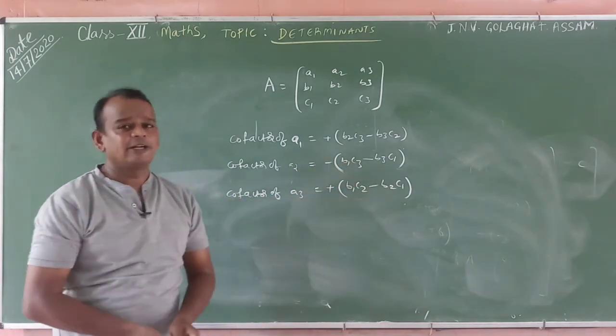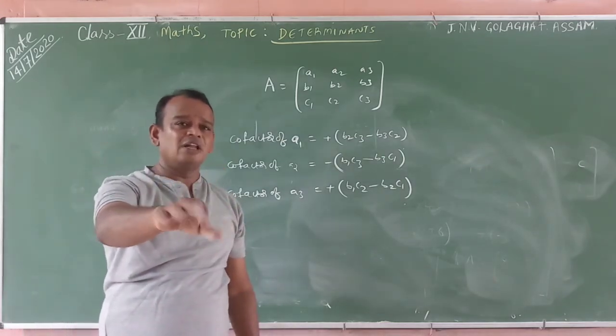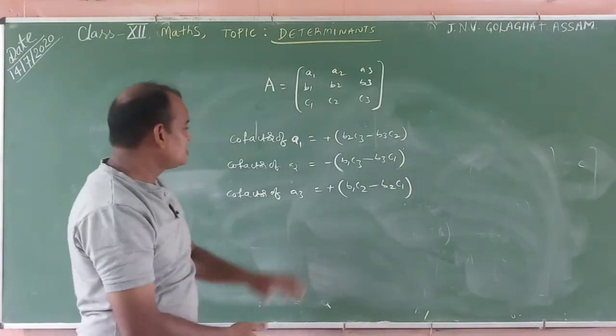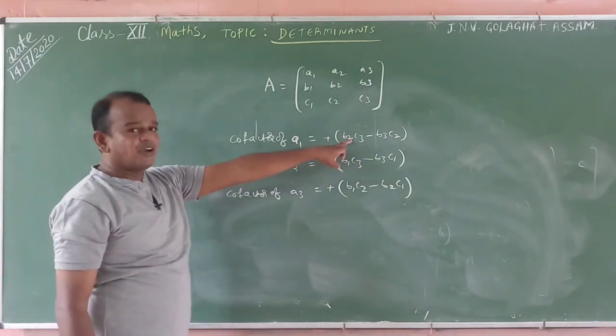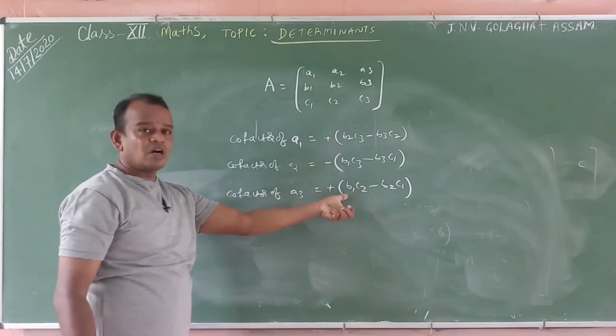What is the determinant? The sum of the product of the elements of any row or column with their corresponding cofactors. This is the element, this is the cofactor. First take the product of these two, after that add.